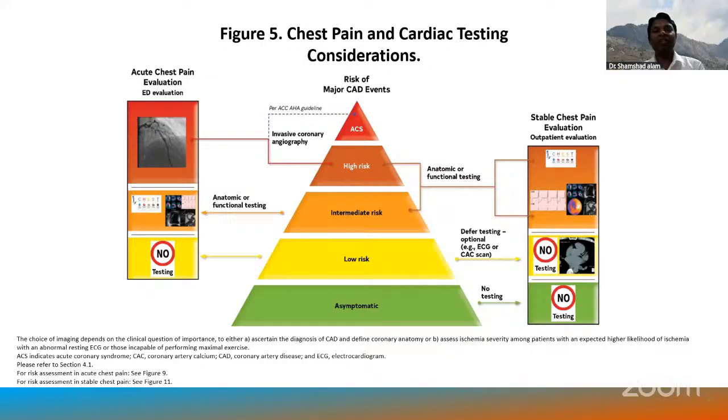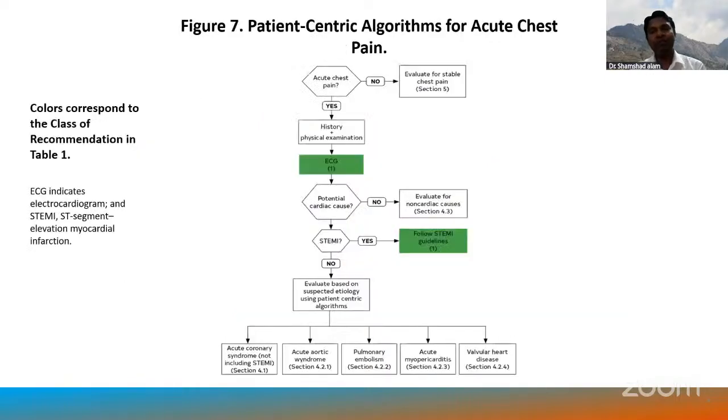So these patients should undergo invasive coronary angiogram. If they are in the intermediate risk group, they can undergo a CT coronary angiogram too. So this is the flow chart which has been postulated by the American College of Cardiology. It has to be followed as per the STEMI guidelines.